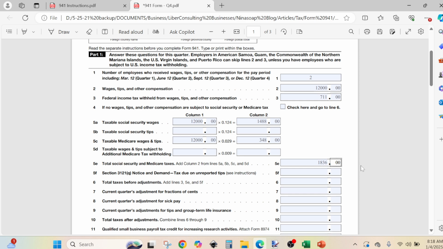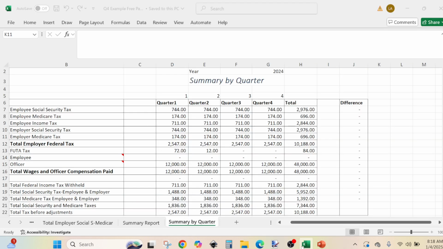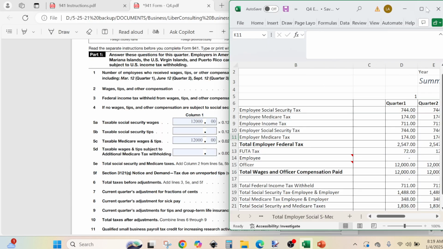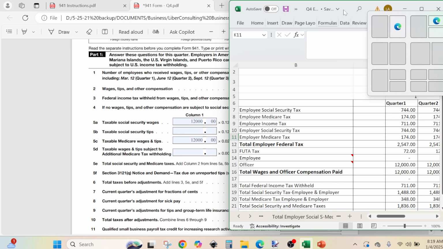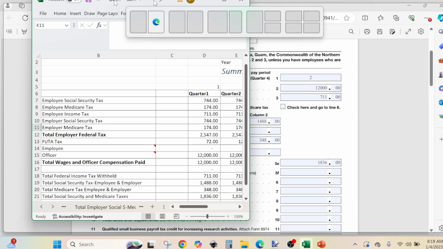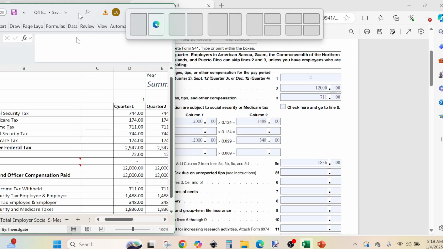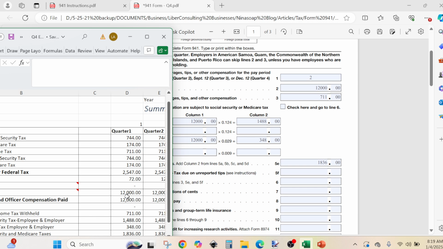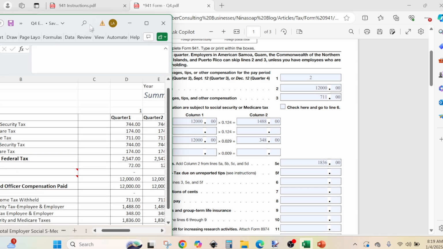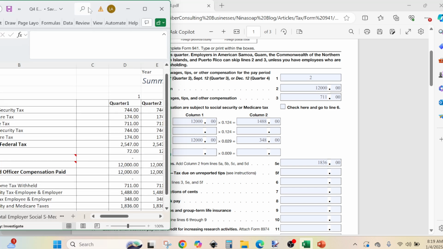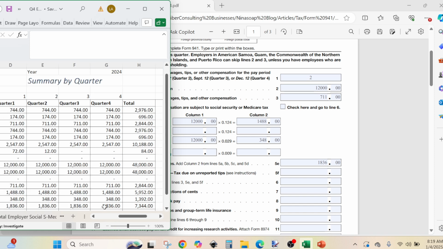So at this point, we can bring our payroll record and move it to the side to see what we calculated, if we calculated right. So for quarter 4, we have 711 on line 3.